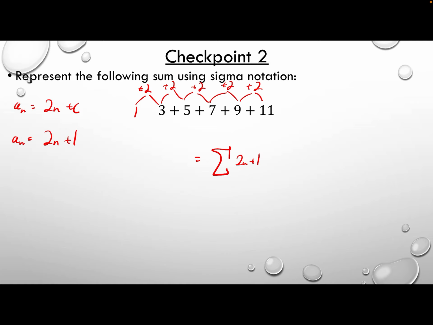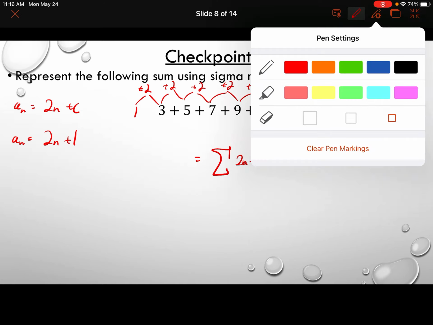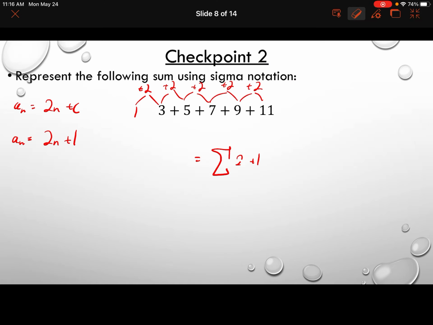Where do we start? Well, now we have to think about it a little bit. So what would be the first number we plug in? Once again, I used n here, but you can use any variable you want. You can use x or i, whatever.